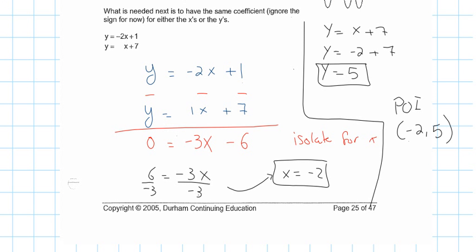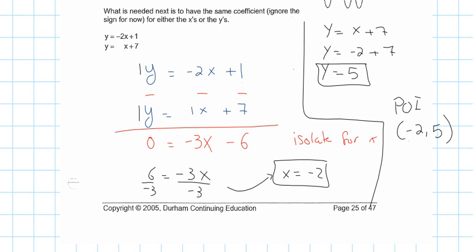So what I did is I lined up the y's, the equal, the x's, and the numbers. And then I decided which letter I want to get rid of. Because the y has the same coefficient, which is 1 in this case, I want to get rid of the y by subtracting. I subtract each term to get an answer. So 1y minus 1y, that's 0. I subtracted the x.